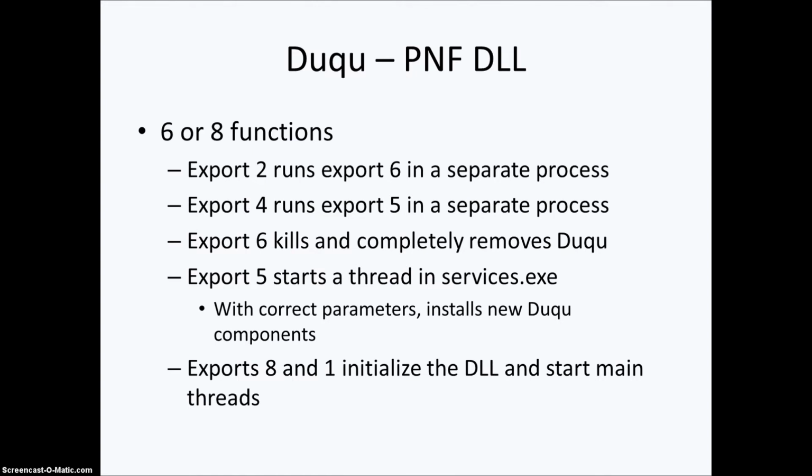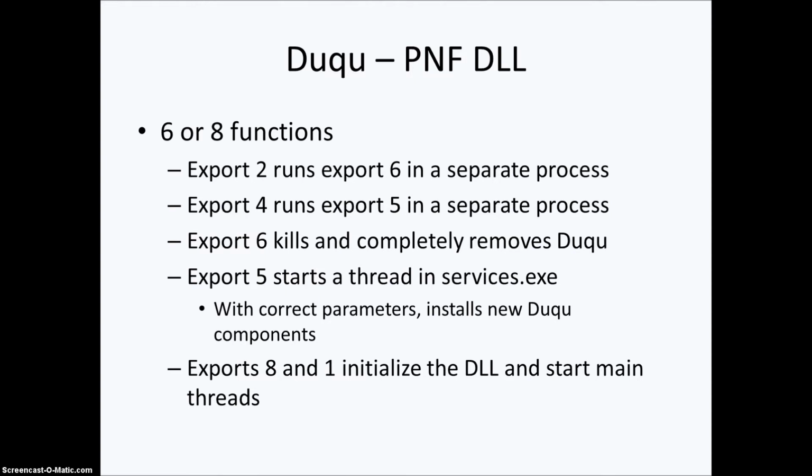Exports 8 and 1 are kind of the main functions in the PNF DLL. They initialize the DLL and are kind of what start the main threads and processes of Duqu. So like I said, export 1 is basically the primary function that kind of gets the Duqu ball rolling. It loads information from the config file, which is also a PNF file, so it's just called the PNF config file.